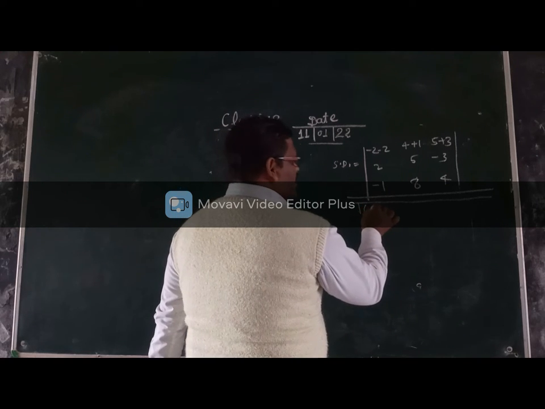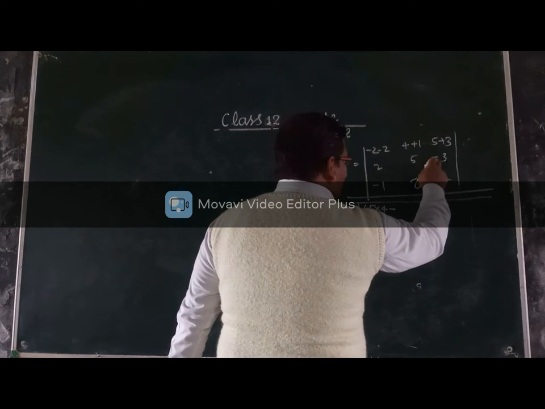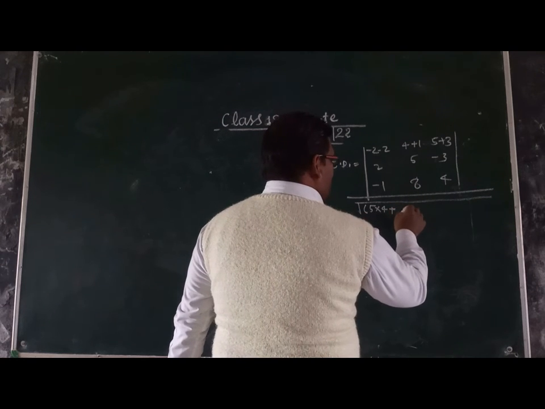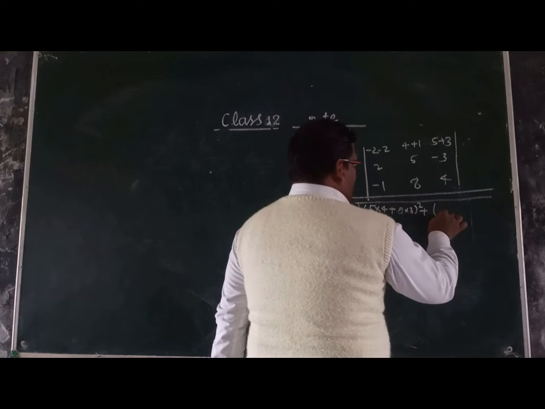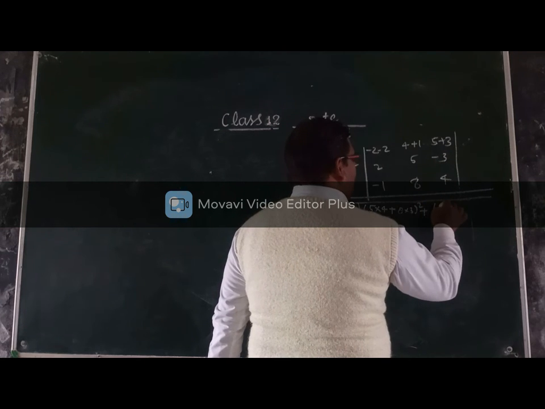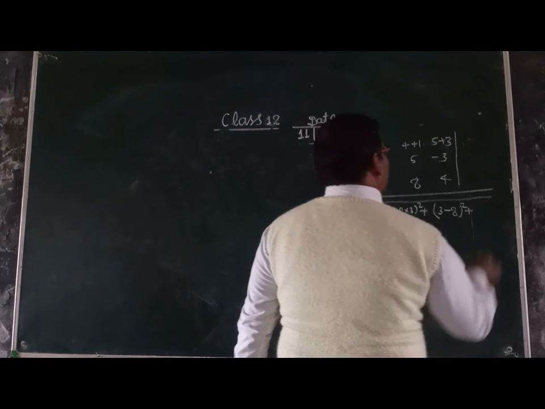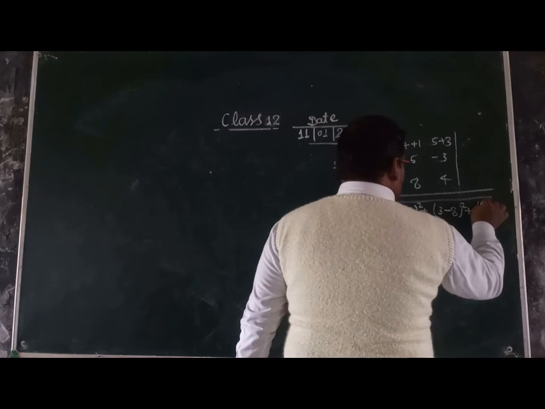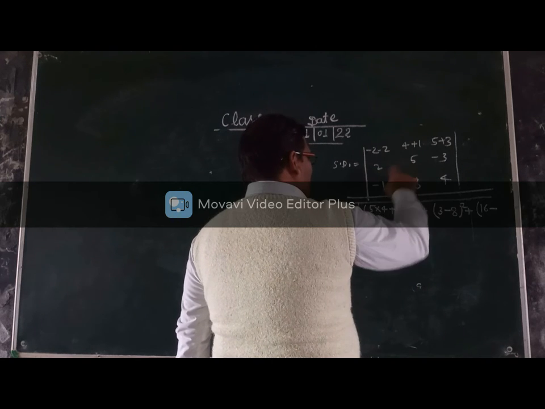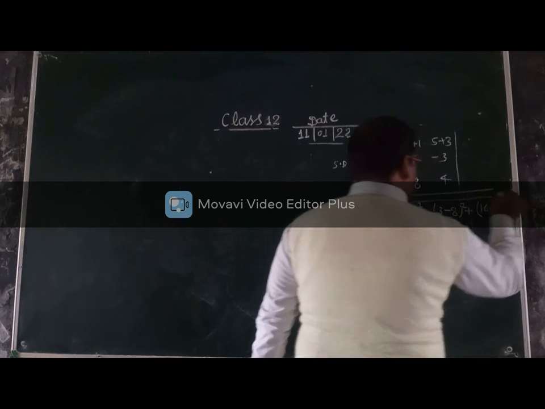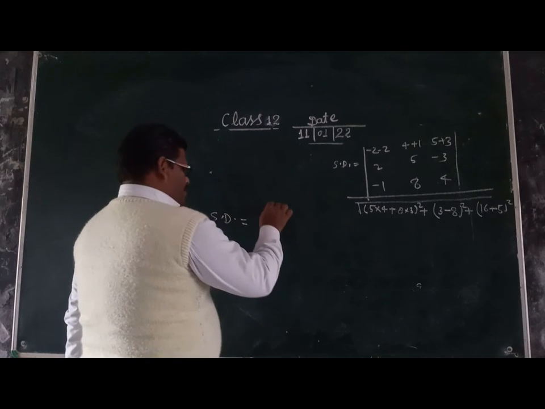So b1 c2 is 5 into 4, minus b2 c1, that is minus of minus, plus 8 into 3, whole square, plus c1 a2 minus c2 a1: c1 means minus 3 into minus 1, minus 2 into 4 is 8, whole square, plus a1 b2 minus a2 b1: 2 into 8 is 16, minus of minus, plus 5, whole square.